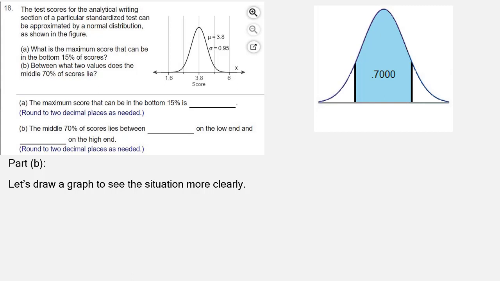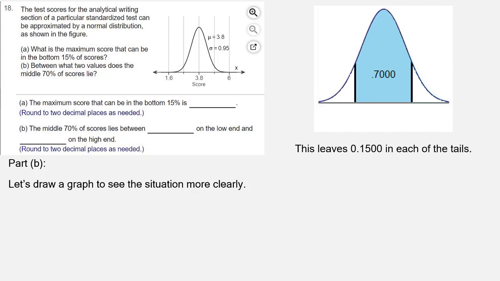So if we can find the left-hand z-score, then we'll be able to find both z-scores because they'll be opposite values from each other. Now if there's 0.7000 in the middle, the entire area under the curve we know is 1, so the two tails combined should be 0.3000. And that leaves 0.1500 in each tail.